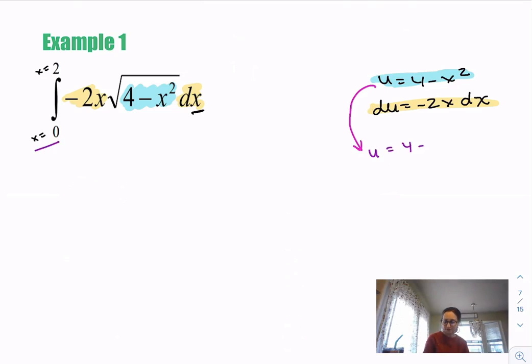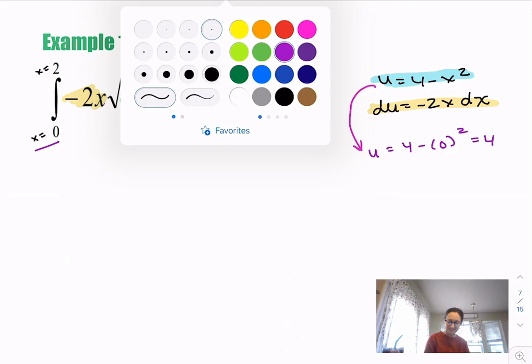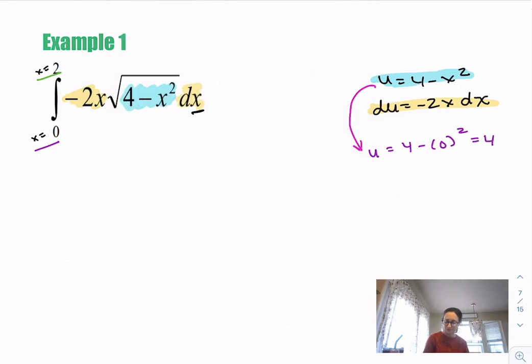So u equals 4 minus 0 squared, which is 4. Then I'll do the same thing for x equals 2. Coming up to that blue equation, u equals 4 minus 2 squared, so this becomes 4 minus 4, which is 0.